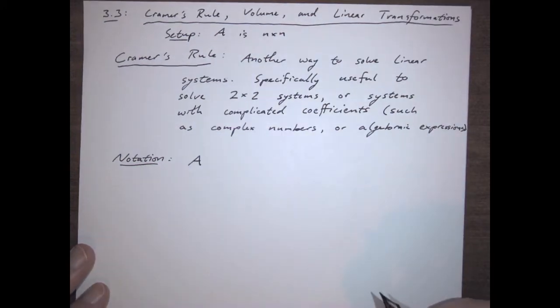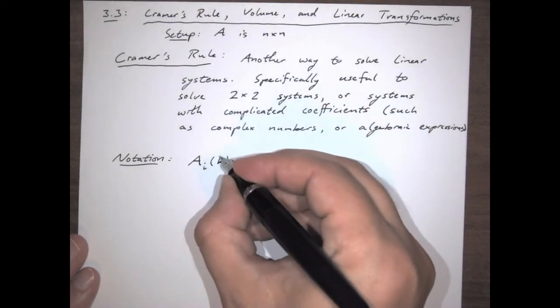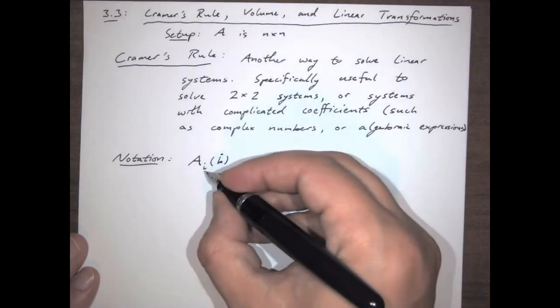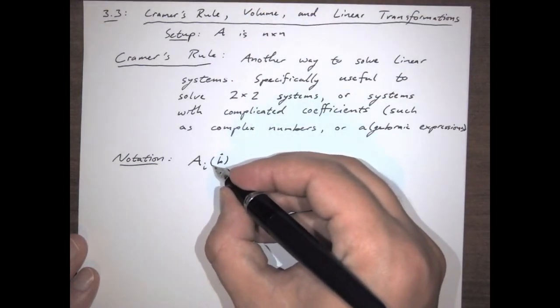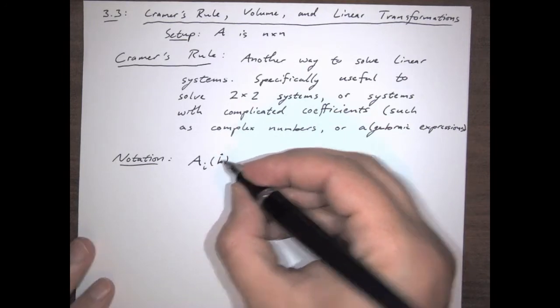That's a setup for all of chapter 3. We're always talking about square matrices in chapter 3. So we will write A_i of B. What this represents is you take the matrix A and you replace column i with the vector B.